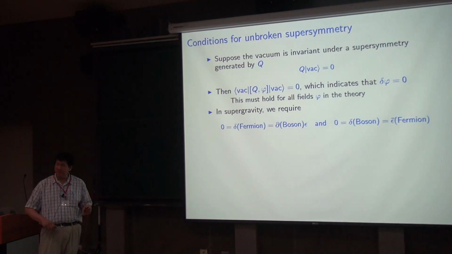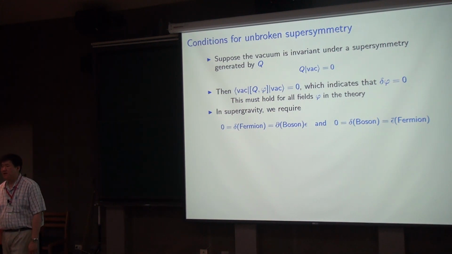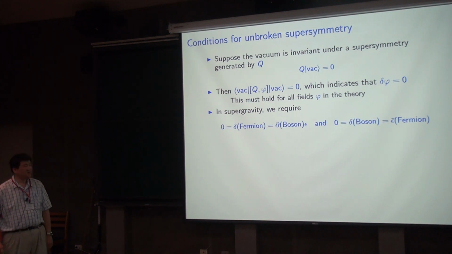So I want to find a background such that supersymmetry variations on the background is equal to 0. I can further break up the background fields into fermions and bosons, because that's what supersymmetry does for you. So I want the variation of fermion fields to be equal to 0, and the variation of boson fields to be equal to 0 as well.